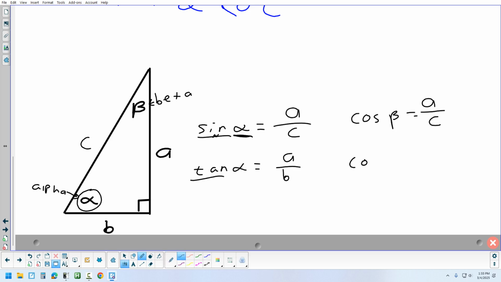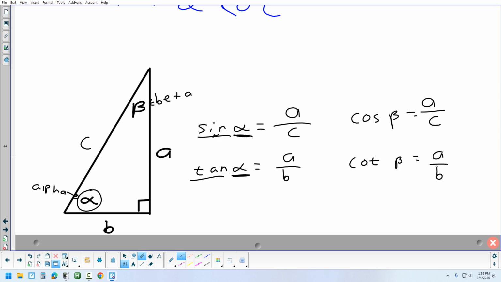Cotangent. And what angle is complementary to alpha? Beta. Cotangent is adjacent over opposite, and adjacent to beta is A, and opposite is B. So that one would be A over B too. It came out the same.